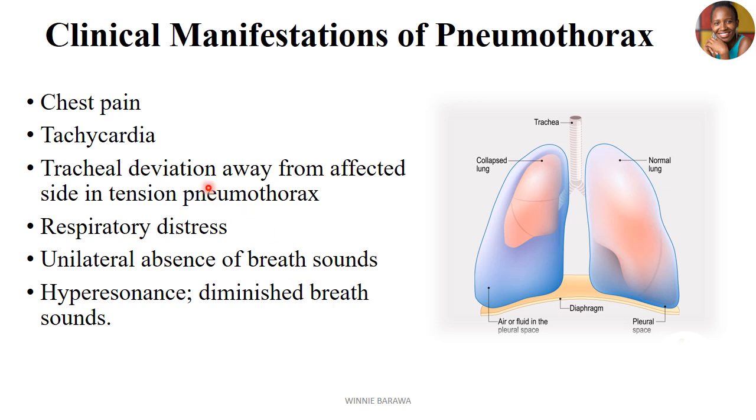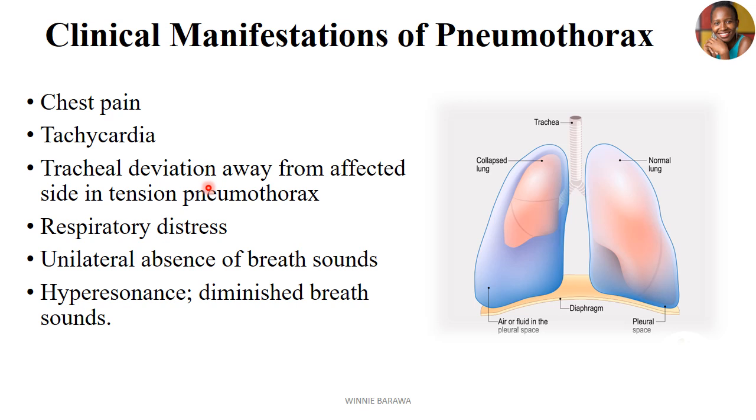For example, in tension pneumothorax, which is an emergency because there's no exit for the air as it comes in, there'll be tracheal deviation away from the affected side, towards the normal side of the lung.